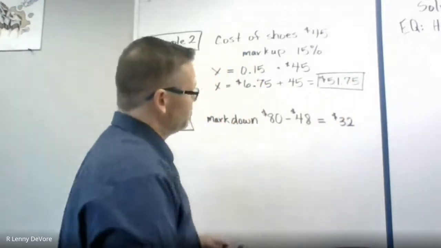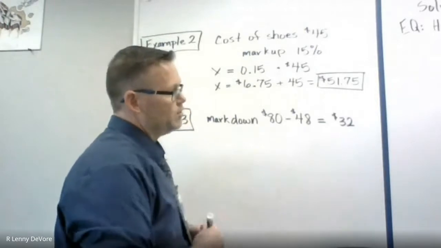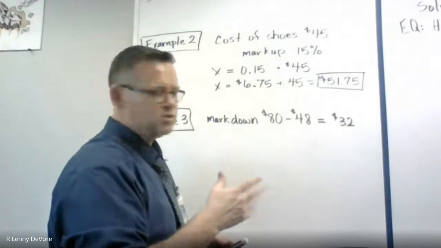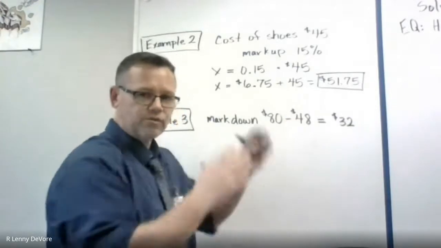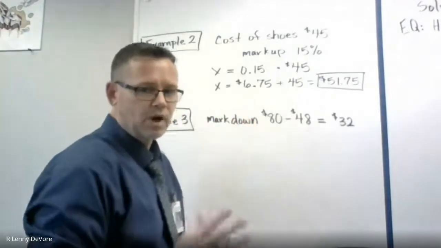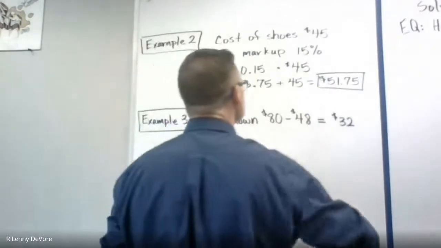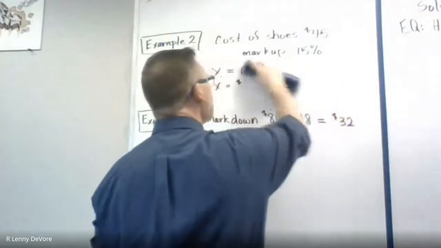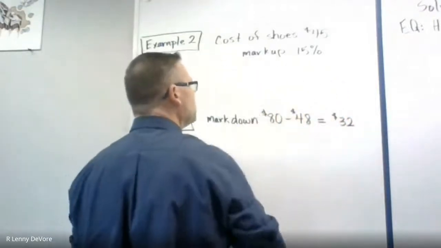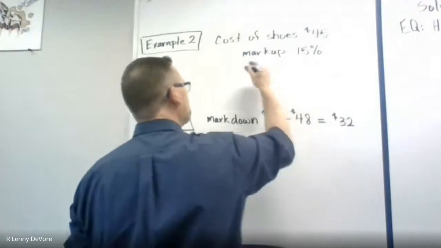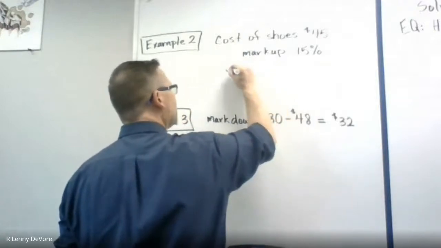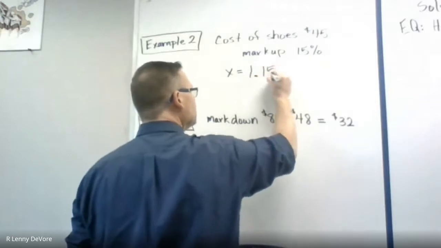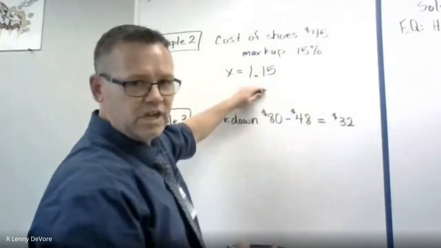Now, here's the thing, and I'm going to show you this even more when we go through and do quiz number 5, but there's an easier way to do this. So if you got it this way, go ahead and do it this way, but I also want to show you the easier way. Instead of just multiplying it by 15% or 0.15, we would do X equals 1.15, because that's actually 115%.